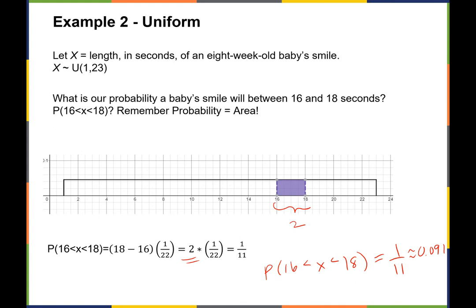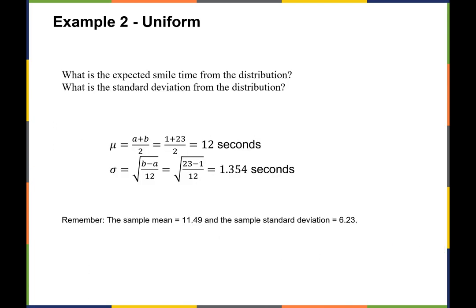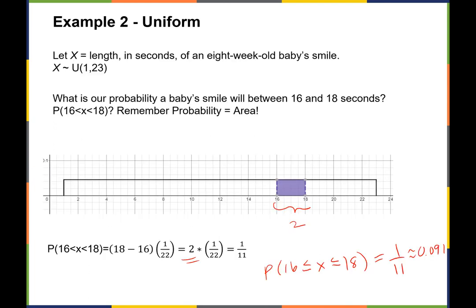When I wrote this a few minutes ago, I had written down a less than or equal to 16 and a less than or equal to 18. But if I do put in less than or equal to, it actually doesn't change the probability. The reason is that if we include the endpoint 18 here, there's no width at a single point.